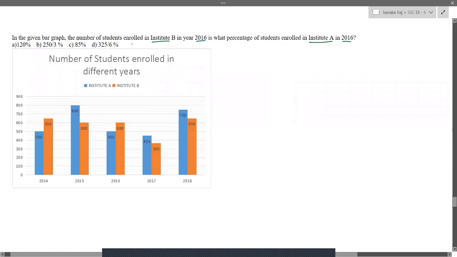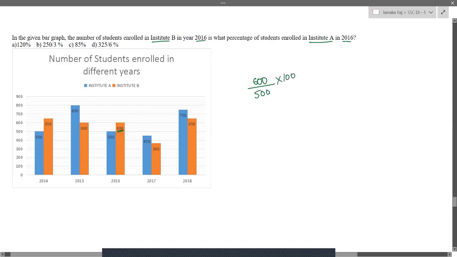We are comparing the number of students who enrolled in the year 2016 for Institute B. So how many students enrolled? 600 students enrolled. What are we comparing this to? We are comparing it to the number of students who enrolled in the same year for Institute A. How many students enrolled? 500 students enrolled.